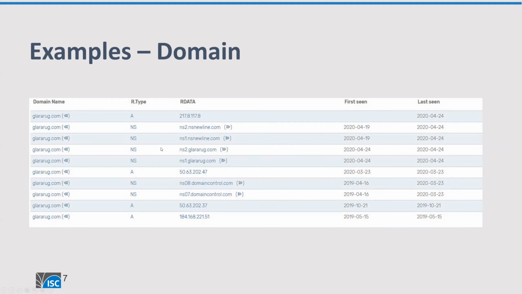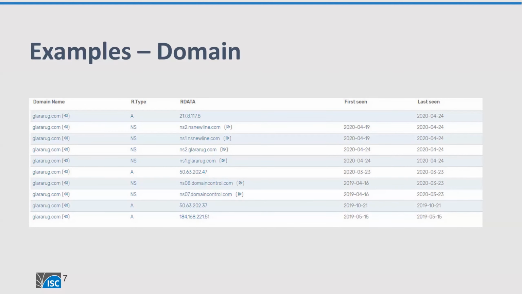And also this one down here is pointing to a different IP, at a different IP owner, at another Russian infrastructure. So what we can glean from this is that sometime between the 23rd of March and when we first saw this on the 19th of April, this domain was hijacked by a malicious party.